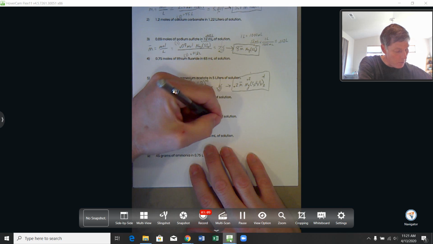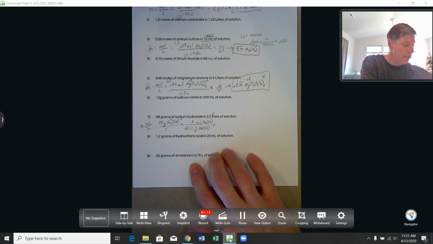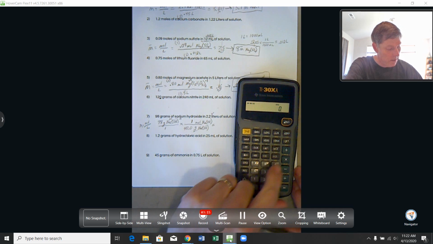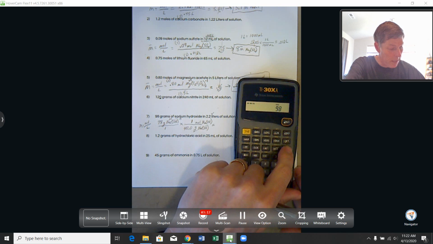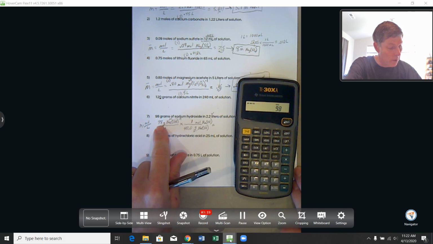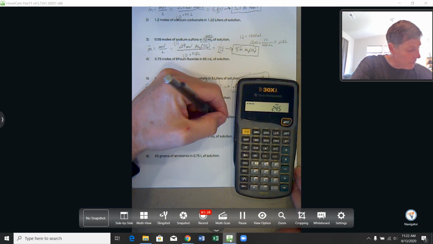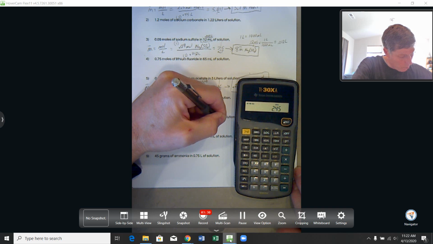Now, if I solve for this, that's going to get me my mole value. So we're going to do 2 steps here. This one is basically what we did last week. So 98 times 1, divided by the 40.0. And that's going to set up at 2.45.